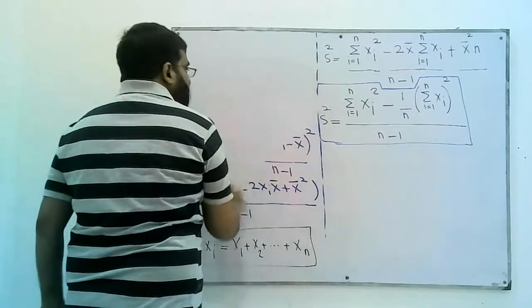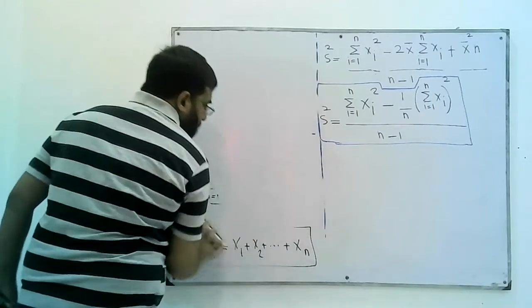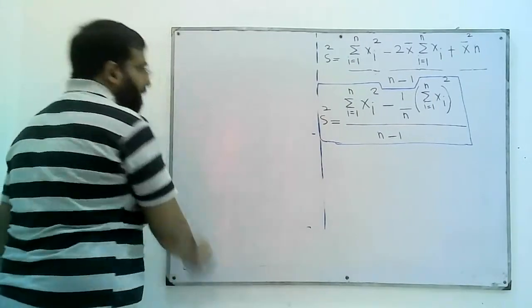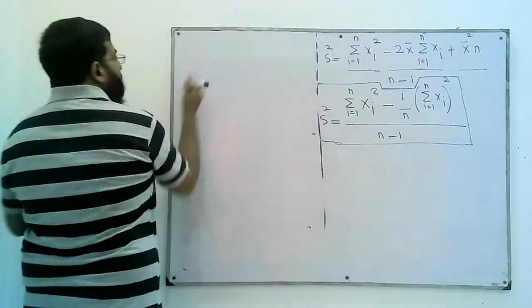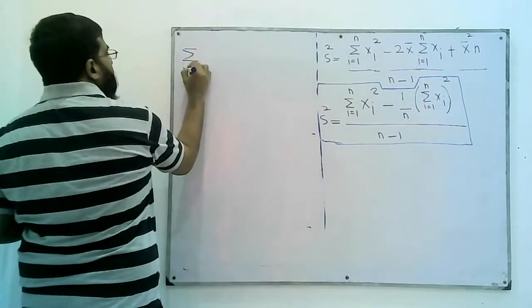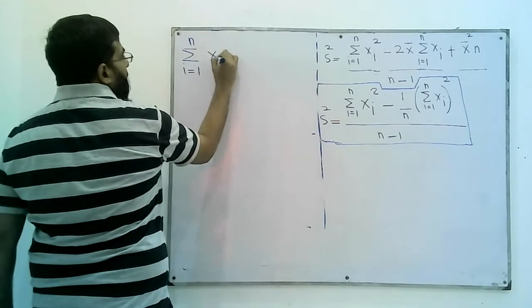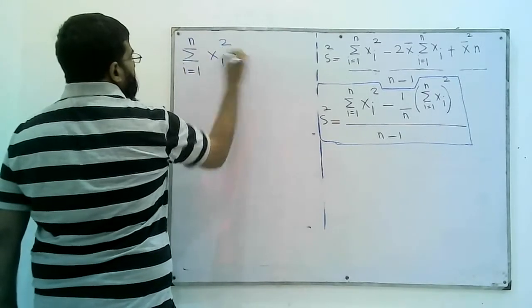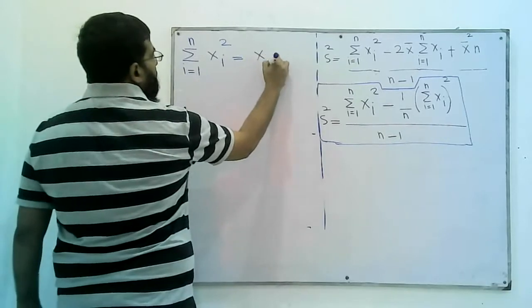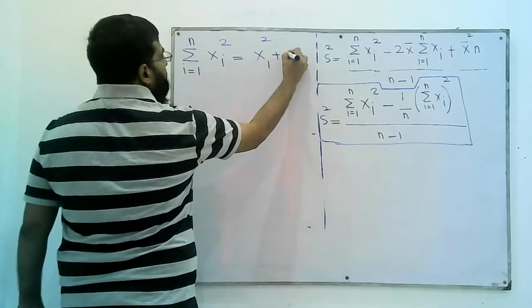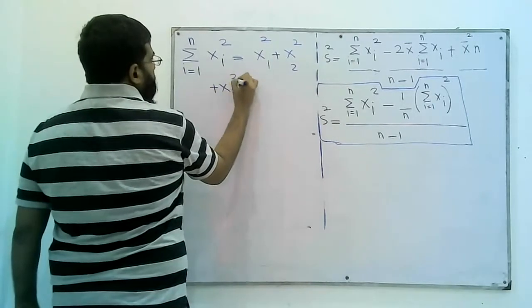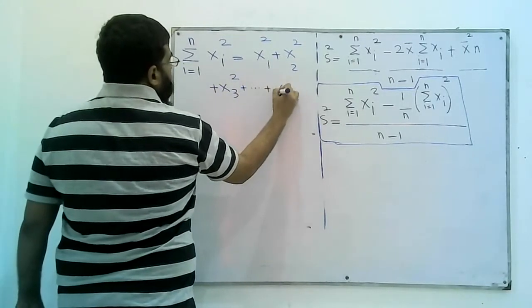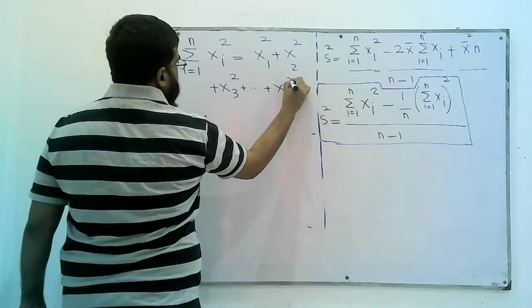Summation over xi squared. Let's see, what does this first term mean? Summation 1 to n xi squared. This means x1 squared plus x2 squared plus x3 squared plus xn squared.